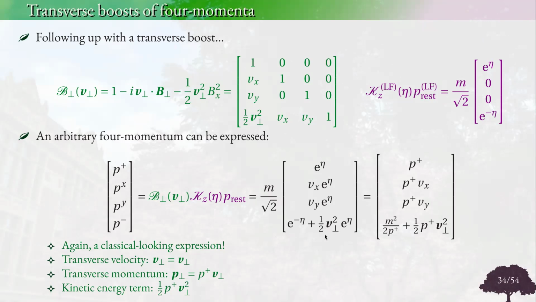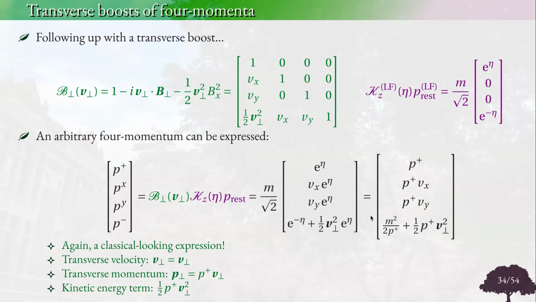The bottom component looks a little bit messy, but if you write everything in terms of P plus instead of e to the eta, you see formulas that look like non-relativistic formulas. You have a momentum that's proportional to Vx and Vy for the transverse components, but with P plus as your multiplying factor. You have something that looks like kinetic energy in your P minus, or energy component, 1/2 of P plus V perp squared, with P plus instead of your mass.